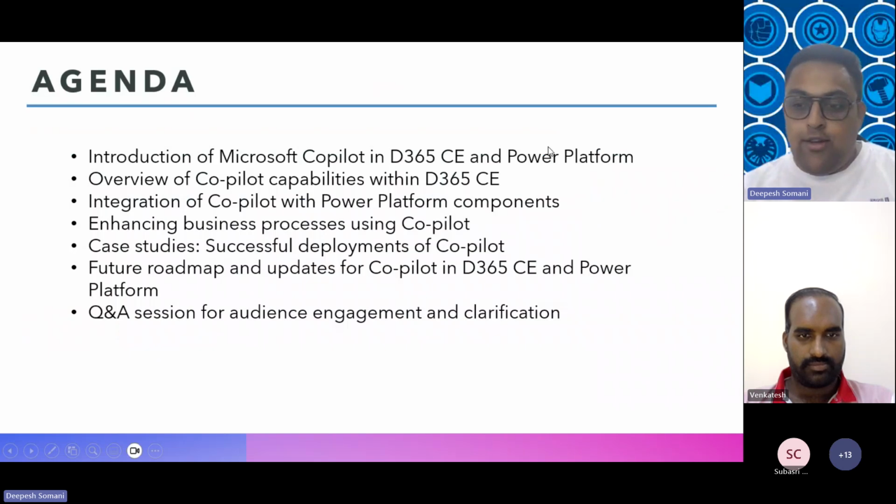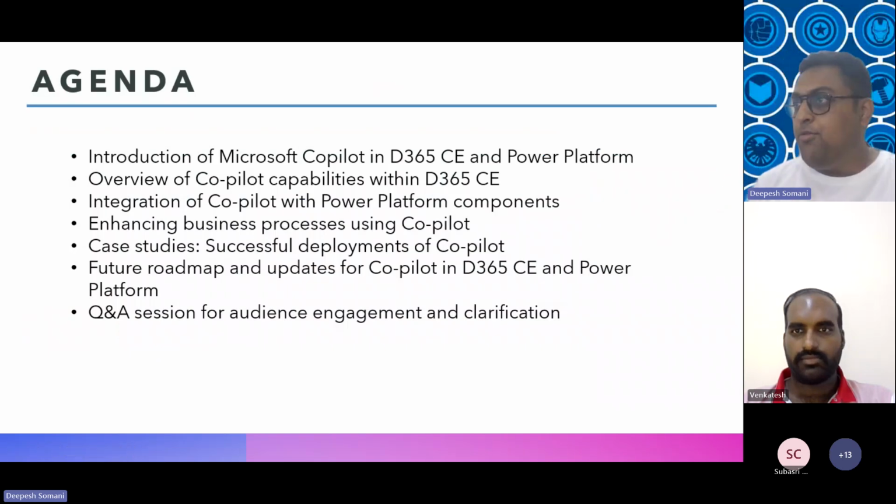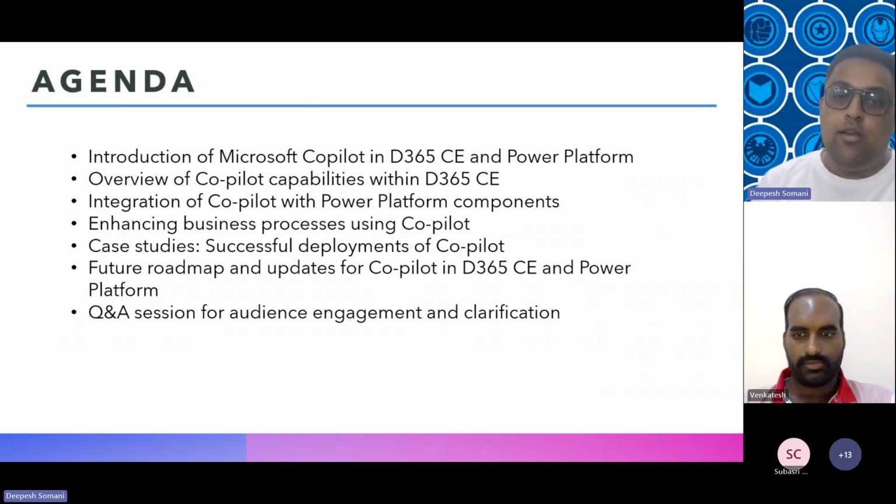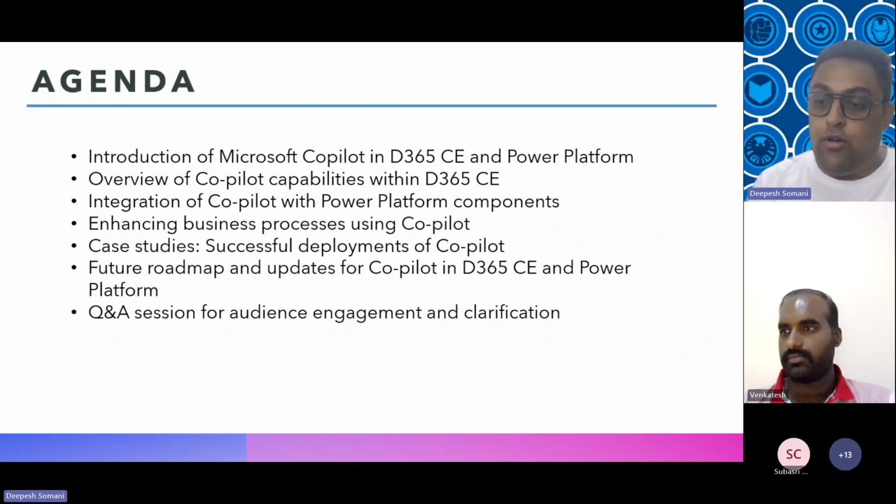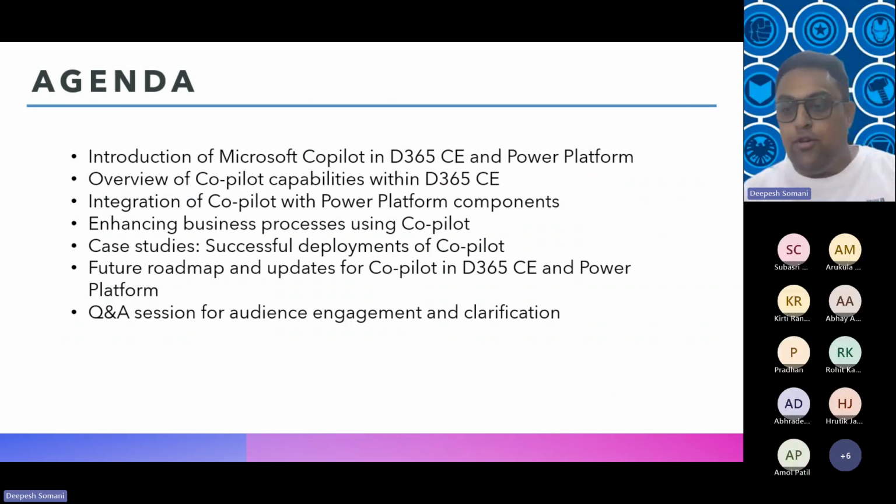Now, let's talk about the agenda. I think enough time has been spent on the introduction, so let's talk about what we need to cover. It's quite a lot that we need to cover today. We're going to start with an introduction to Microsoft Copilot in Dynamics 365 CE and Power Platform, and an overview of Copilot capabilities within Dynamics 365 CE. How does integration of Copilot happen with different Power Platform components?